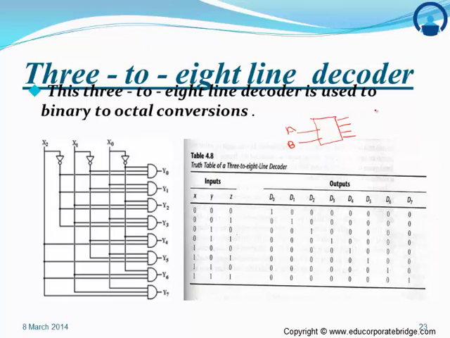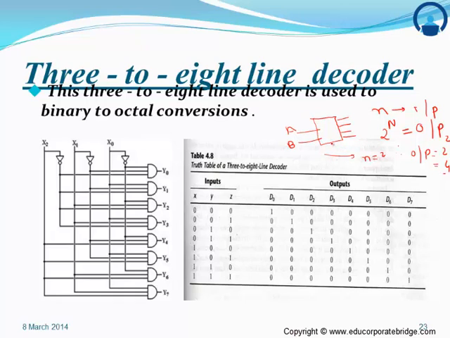If n is the number of inputs, then the output will be 2 raised to n. Here n is 2, therefore the output is 2 raised to 2, which is 4.